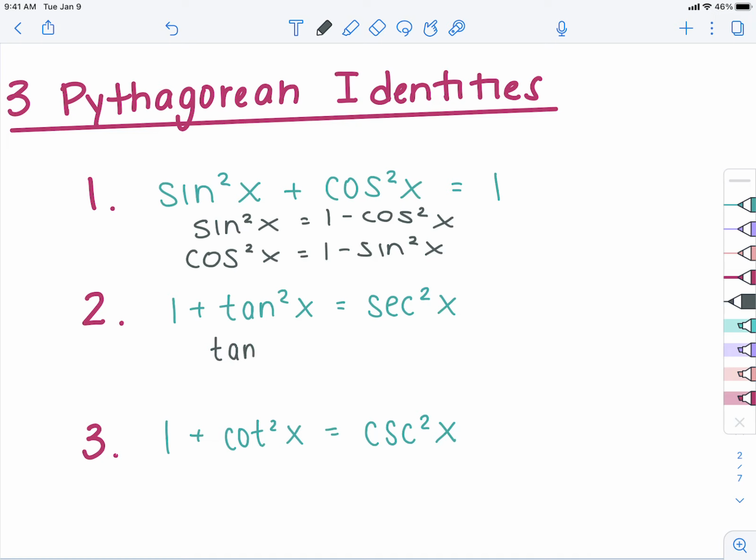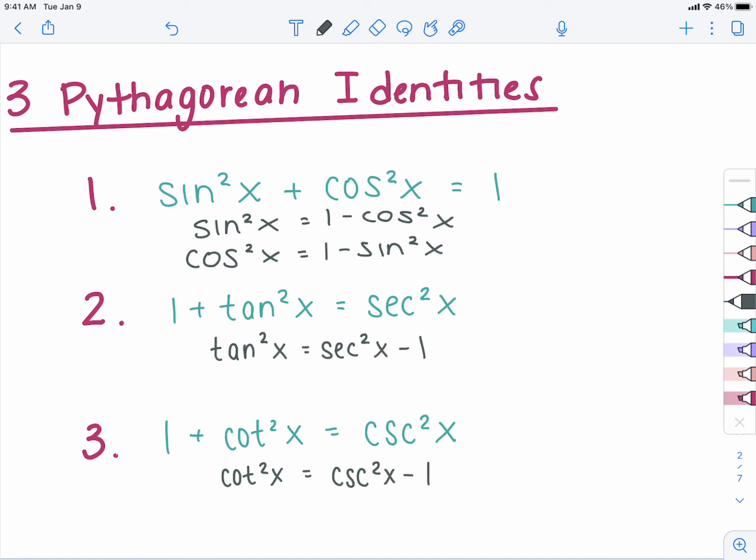So I could also say that tangent squared x equals secant squared x minus 1. Or I could get cotangent by itself and say, okay, cotangent squared x equals cosecant squared x minus 1.